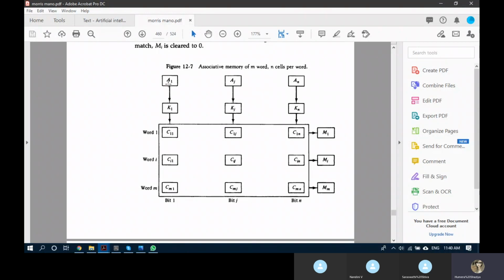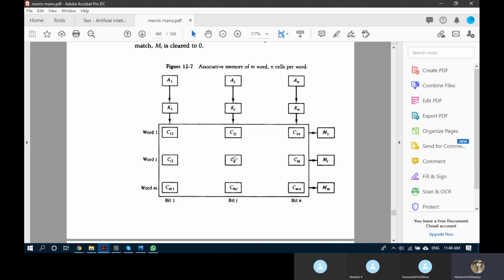Whatever data is stored in the argument register, if it has corresponding ones in the key register, that is compared in parallel, at the same time, with all these 3 bits. This bit A1 is compared with C11, Ci1 and Cm1, this bit 1 at once, so it's very fast.